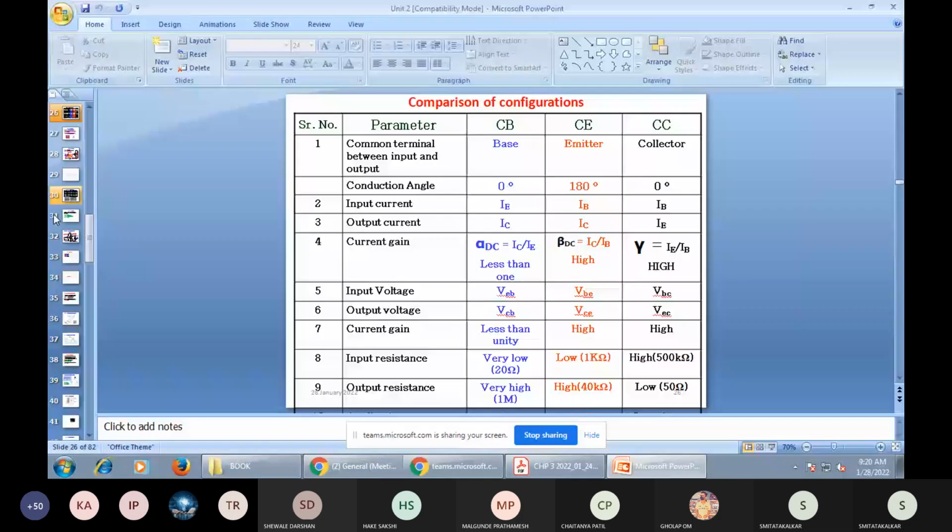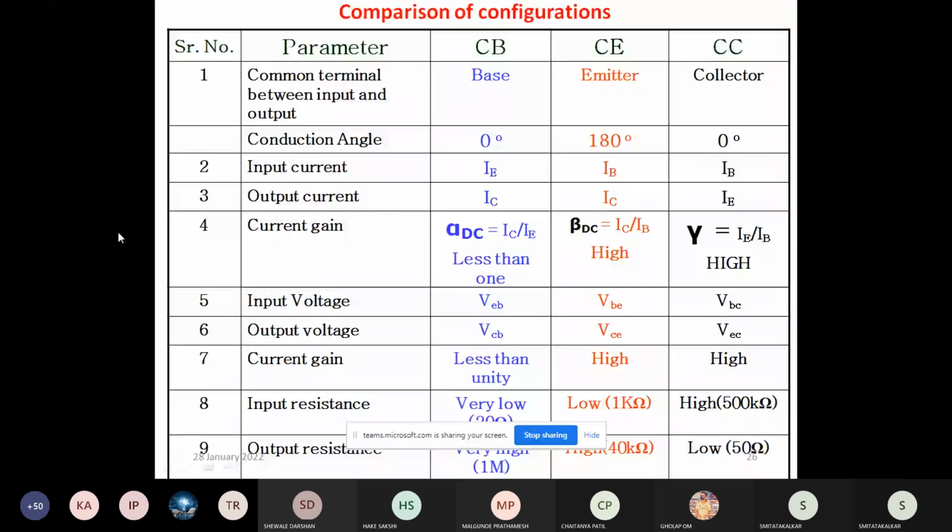Then the comparison of configurations like common base, common collector, common emitter. In the first column, you can see the serial numbers like 0, 1, 2, 3, 4. Then parameter, that is properties.